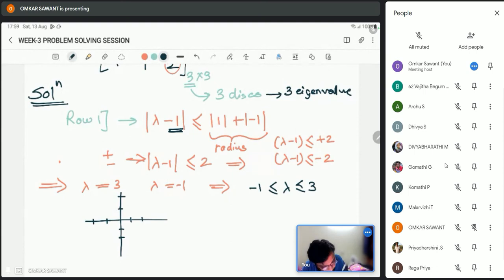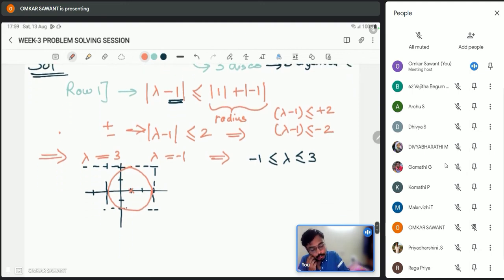The center is this, and the radius is 2. It will be till this, within this. Just drawing this. This is our one Gershgorin circle.